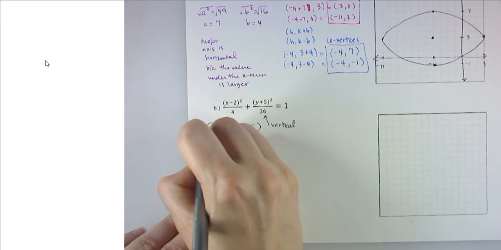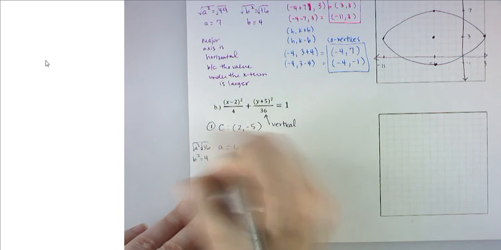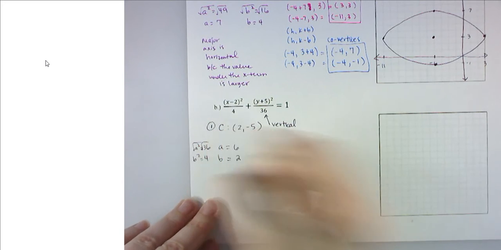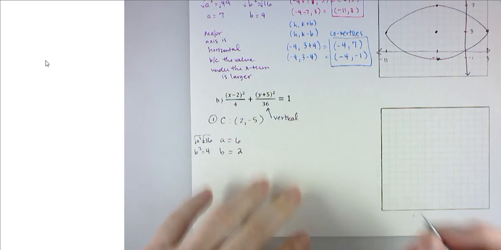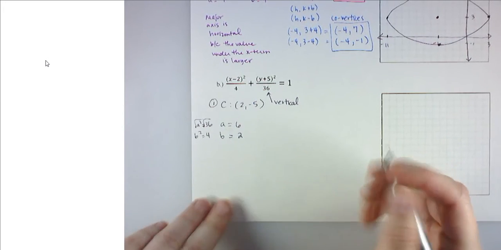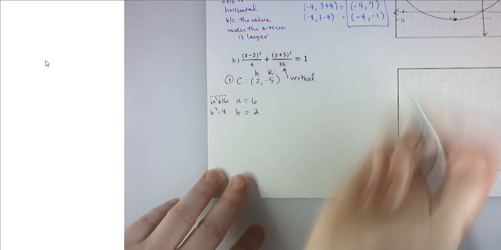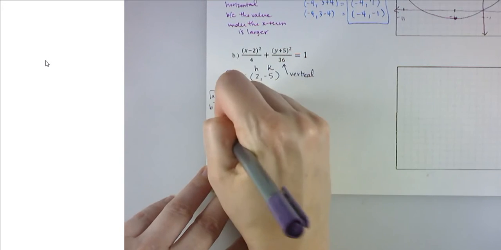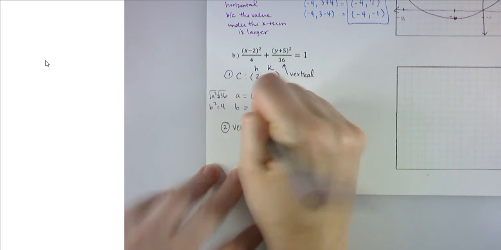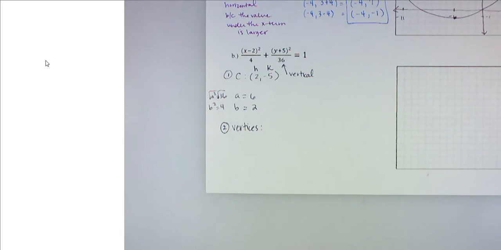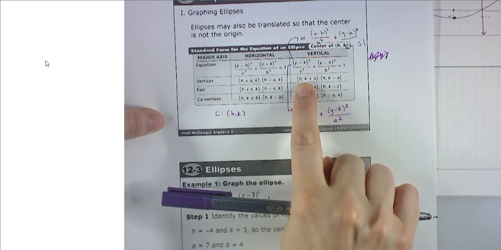Okay, and now to find your vertices, so sorry, this is your h, this is your k. So h, k, a, and b. In step 2, your vertices, we're going to go to our chart again. Okay, so the vertices, if it is vertical, have this form of (h, k plus a) and (h, k minus a).